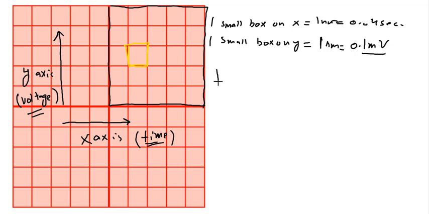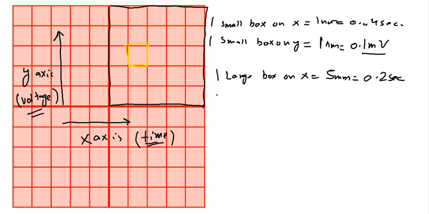One large box on x is equal to 5 mm: 0.04 multiplied by 5 is equal to 0.2 second.